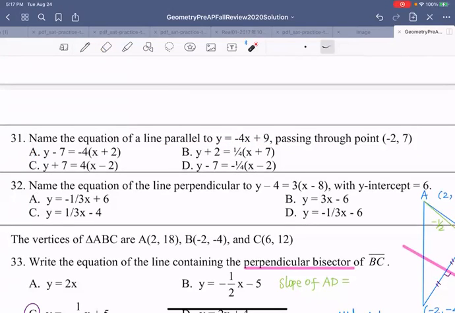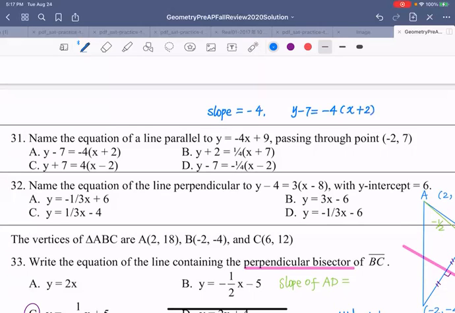Okay, so you need to plug the point and the line into a point-slope format, and then the slope is going to be -4 because it's a parallel line. Yes, slope is -4. And then? So the equation is y minus 7 equals -4 times (x plus 2).